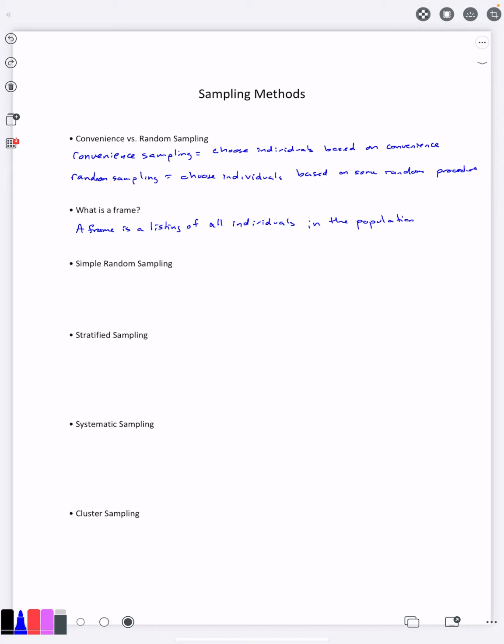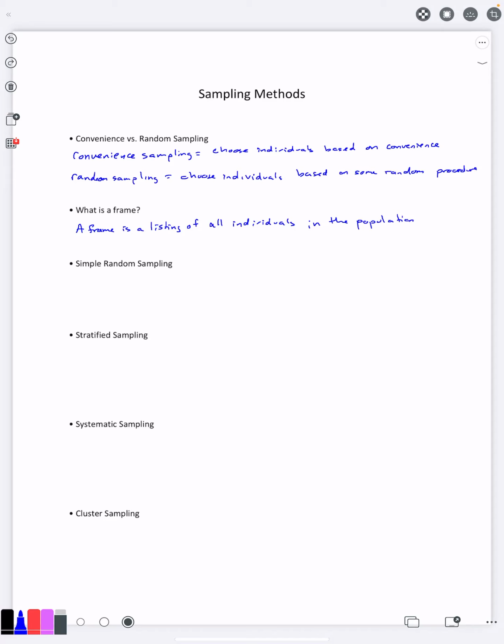There's your frame. On the other hand, if I want a frame for the population of all individuals in the United States, it'd be pretty difficult to get that frame, right? To get access to a list of every single person that lives here, that's tough. If I want my population to be the students at Fullerton College, that would be a frame that is possible to get, but only for certain individuals.